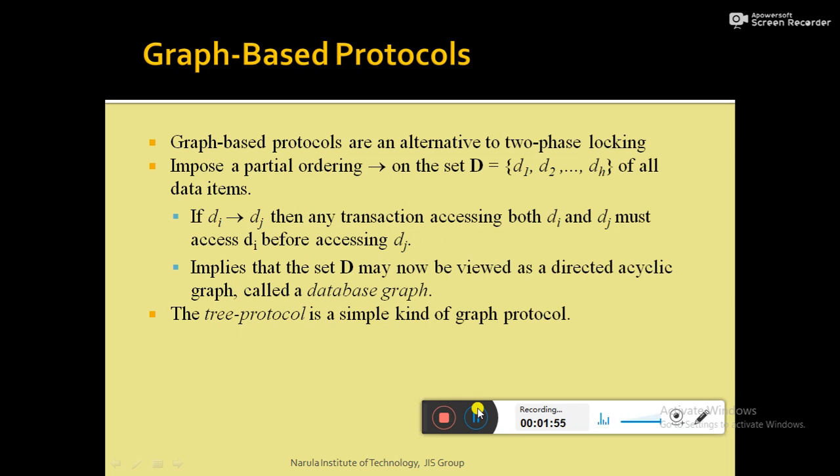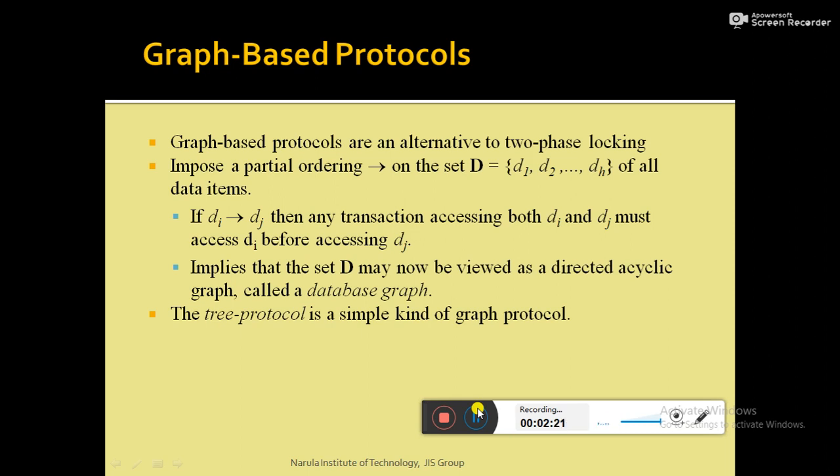The first phase is the growing phase. In the growing phase, a transaction may only obtain new locks, no lock can be released. And the second phase is the shrinking phase. In that phase, a transaction can only release locks, and cannot obtain any new lock. So locking and unlocking of the data item by a transaction must happen in two phases. This is the concept of the two-phase locking protocol.